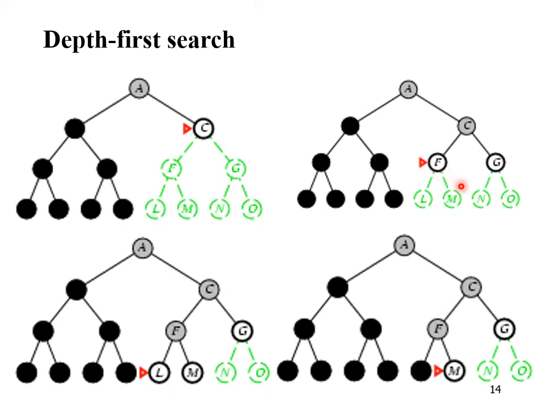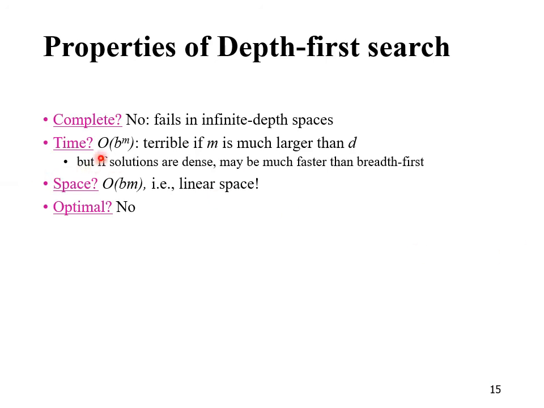So we will explore L and M. After finishing L and M, we will explore C's successor by backtracking, and after G, explore its successors N and O, and we will find the goal node from N and M. If in this position the goal node is not found, then we will say that the goal node is not found.